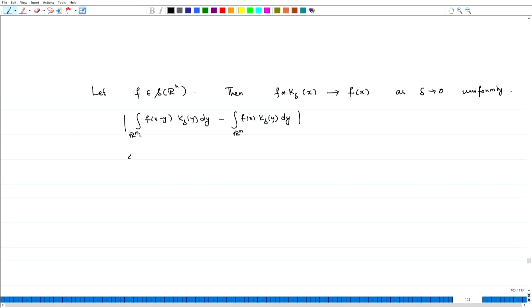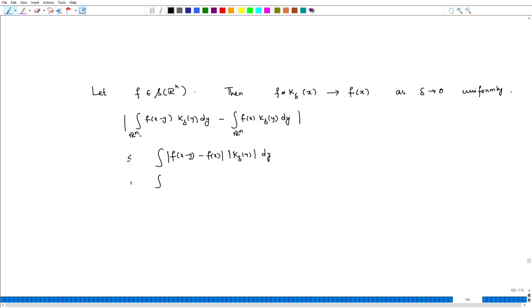Now, if you take the modulus, the argument is the same: mod of f(x - y) minus f(x), times mod of k_delta(y) dy. If we are assuming k is non-negative, then the mod can be dropped, otherwise you can keep the mod. And then we know that f is uniformly continuous on a compact set. I mean, in fact, it is uniformly continuous everywhere.